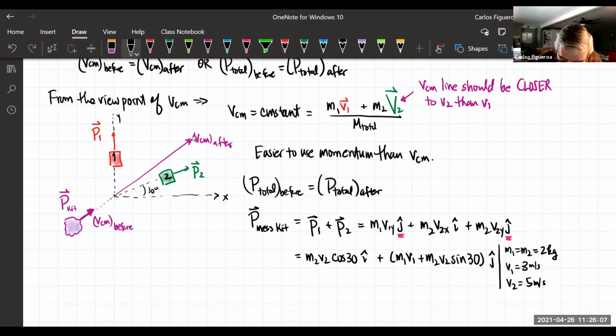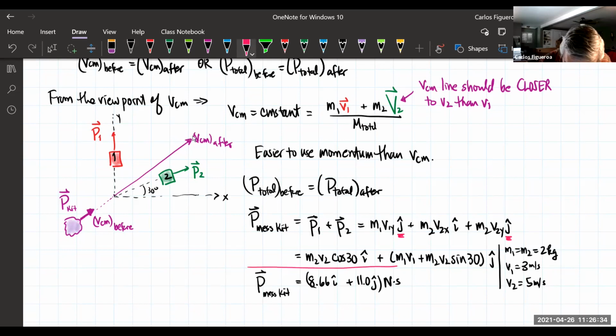If I put in these numbers, this is what I get: 8.66 i plus 11.0 j with units of newton-seconds. This is the momentum of the system, or the mess kit. I now have the momentum of the system here.